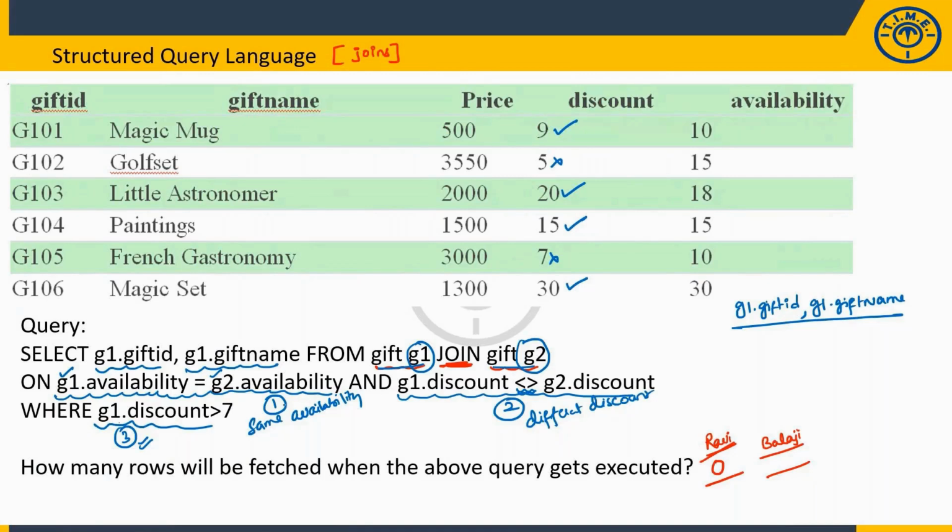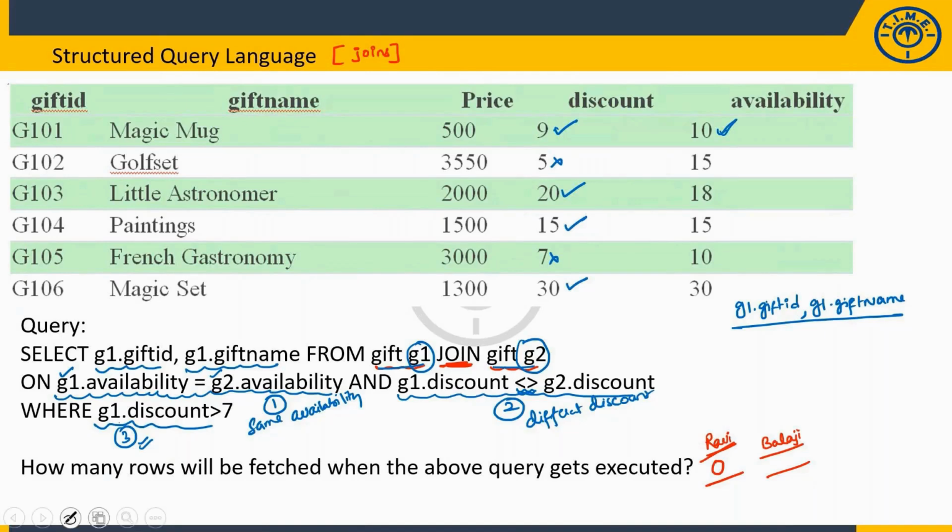The first condition is G1 availability should be equal to G2 availability. Assuming this first row is G1, its availability 10 is matching with the availability 10 of another gift G2.